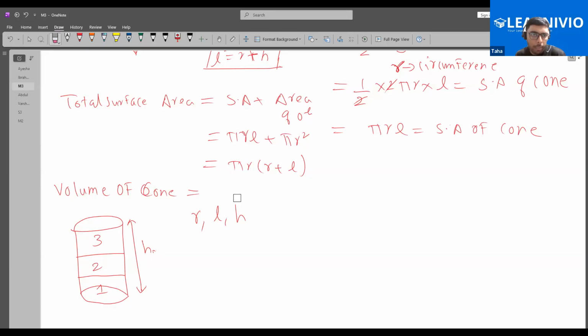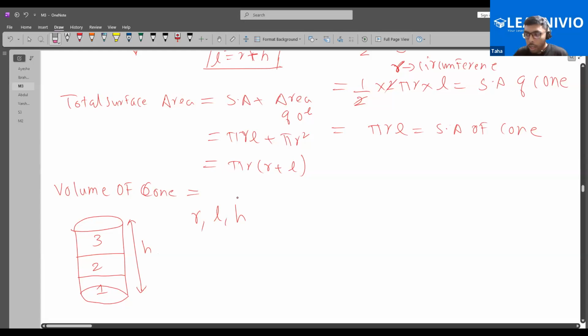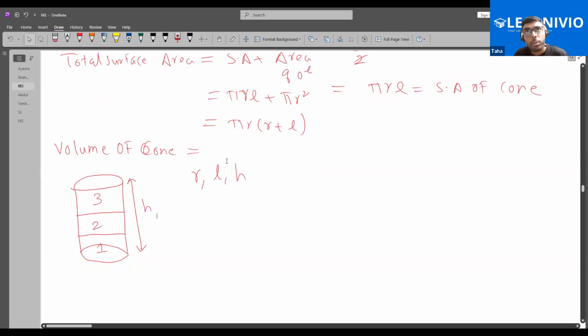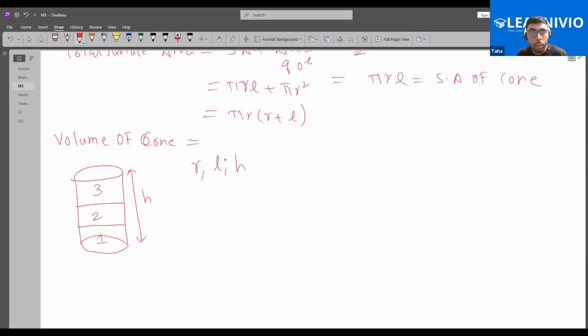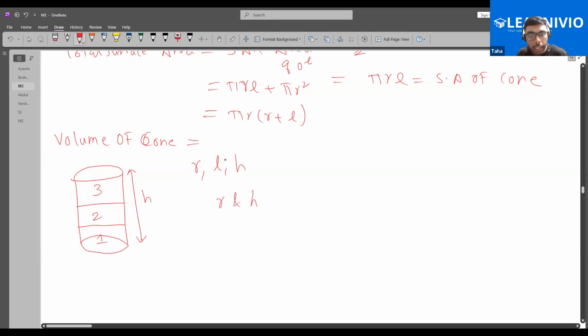No, this is the same height, to be honest. The cylinder and the cone are of the same height. The depth of both the figures is the same, but the volume is going to be different because of the radius and other things. Radius and height are the same for cone and cylinder.